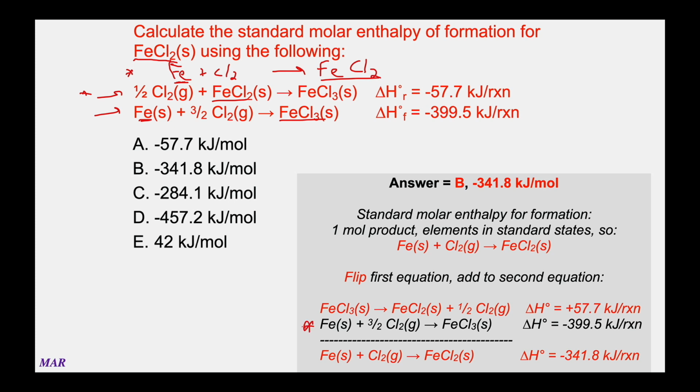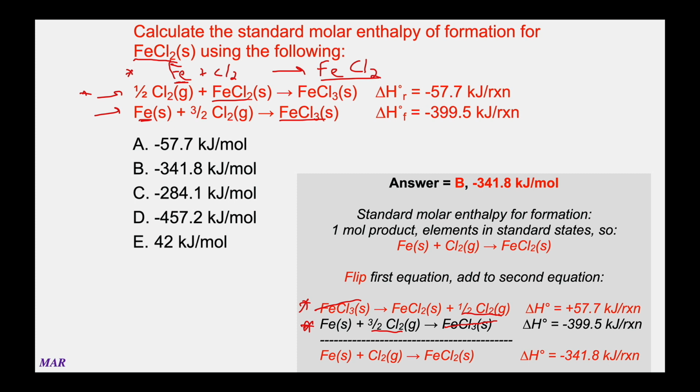I want iron as a reactant, so I'm going to leave that equation alone. But the other equation, I want to flip because I want FeCl2 as a product, not a reactant. And when you flip it, you can see what happens. The FeCl3 that's a product here will cancel the FeCl3 that's a reactant there when you add these equations together. And also you have 3/2 Cl2 and 1/2 Cl2.